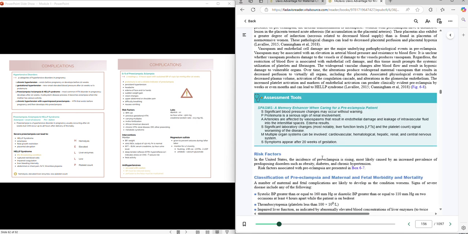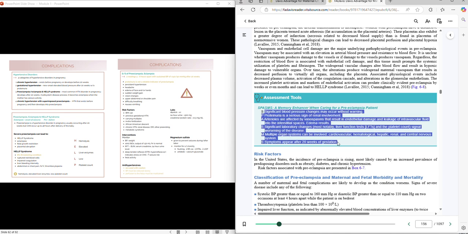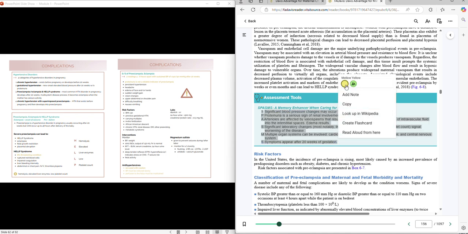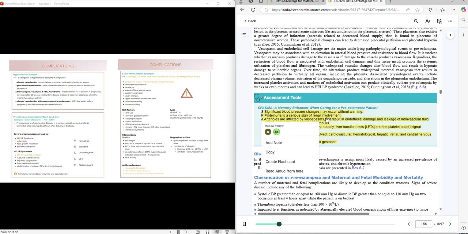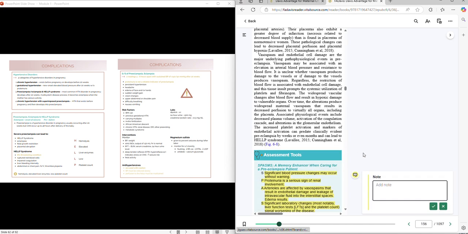Assessment tools. Here's another acronym that I want you to know, and I want you to add some to this, okay? I want you to add, this is some winks and lollipops, okay? So you need to know these. I want you to know to check the DTRs.